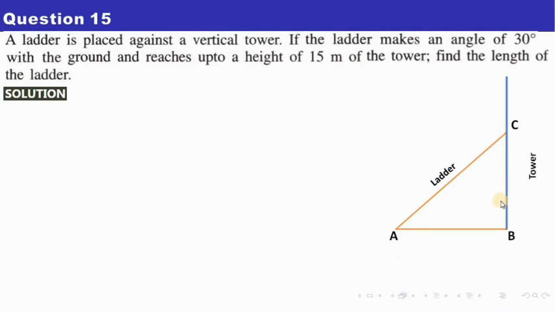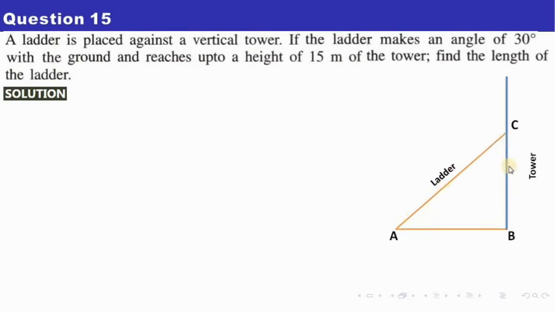As you can clearly see from the figure, this ABC is a right angle triangle. This is my 90 degree, so the side opposite to this, that is this ladder, becomes my hypotenuse. Here this is the given angle, 30 degrees, so the side opposite to this, that is BC, becomes my perpendicular. Perpendicular, that is height, is given to be 15 meter. So 15 meter is given, this angle is given, so we will be able to find AC.